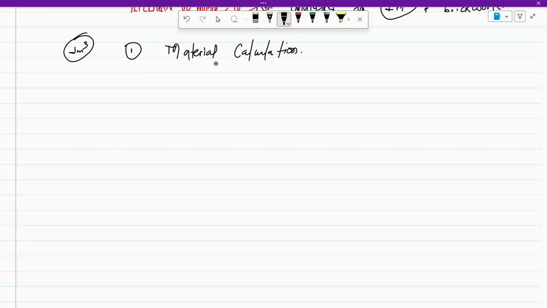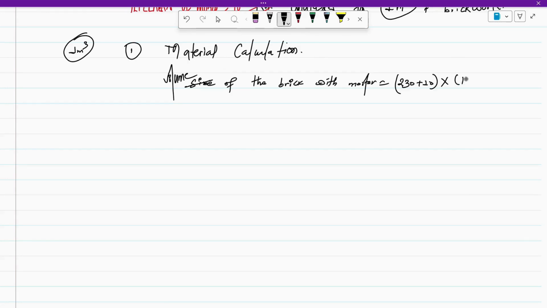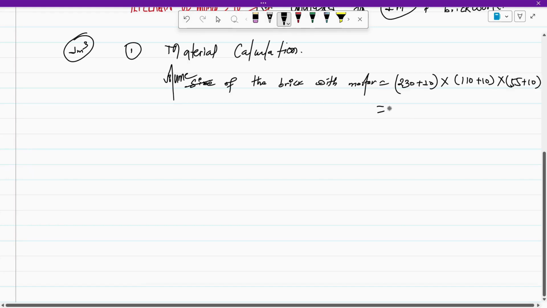All right. So the volume of the brick with mortar is equal to 230 plus 10, times 110 plus 10, times 55 plus 10. Let's take 10 mm mortar.